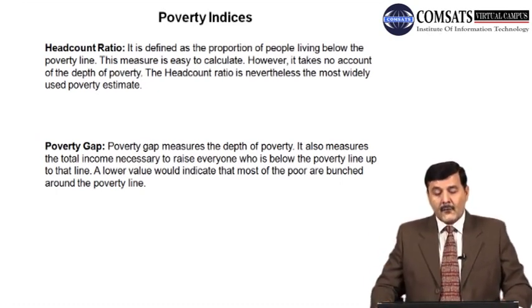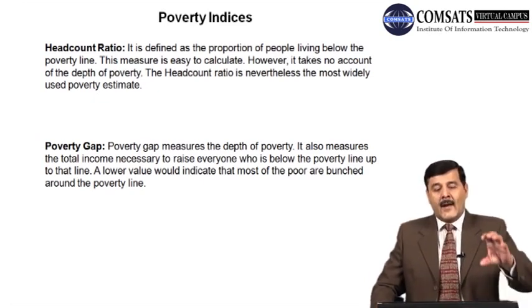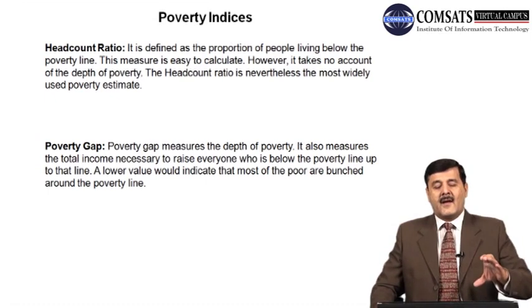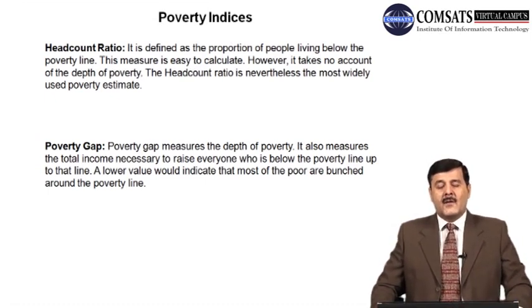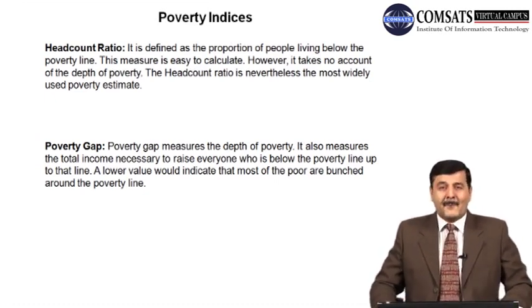So the difference between the head count ratio and the poverty gap is that the head count ratio basically is a measure defined as the proportion of people who live below the poverty line. It is very easy to calculate, but it does not tell us the depth of the poverty.